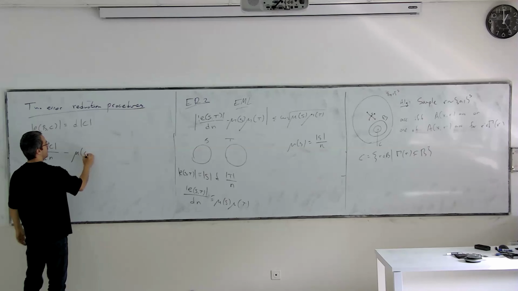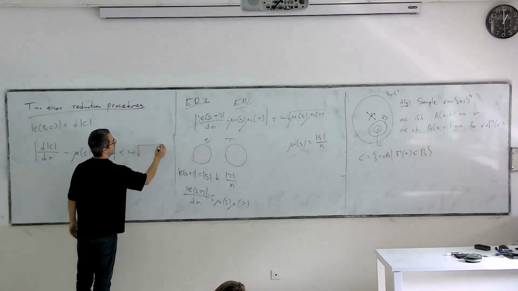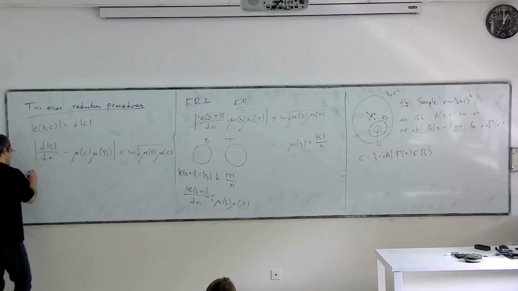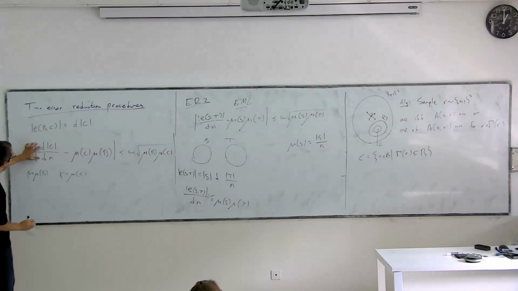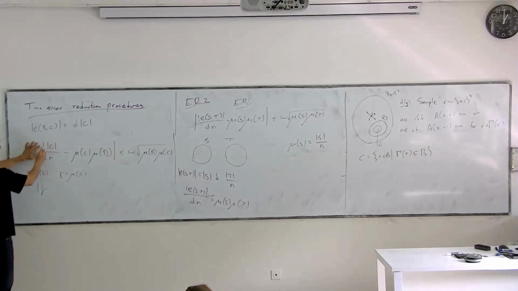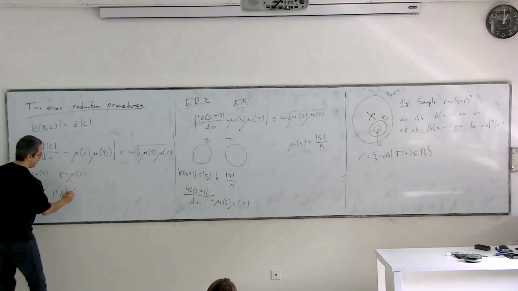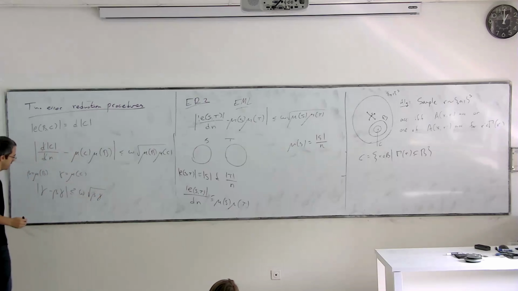Minus the density of C times the density of B is at most omega times the density of B times C. And because I can't write it like that, let's call beta the density of B and gamma the density of C. So here you see gamma sitting here. It goes away. Here you have beta gamma. And here you know it's at most omega times the square root of beta. So you can divide by the square root of gamma.